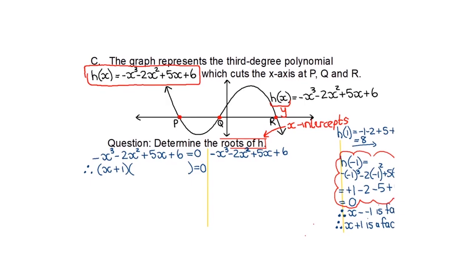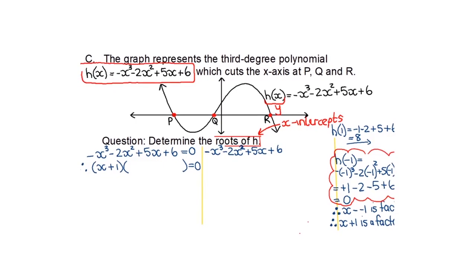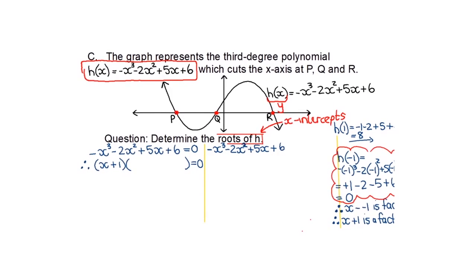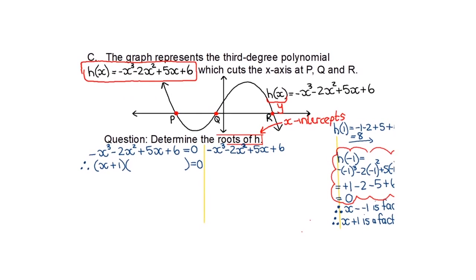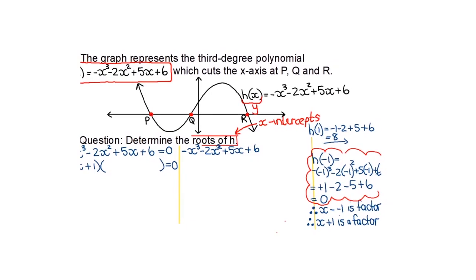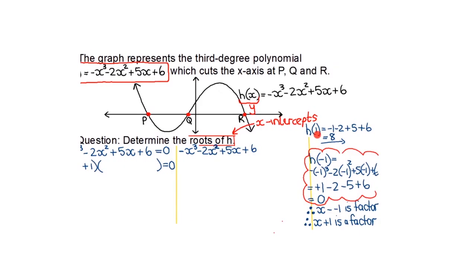So to save a little bit of time, I already said, well, I have to search for an h of a value that will give me 0, so that I can have at least one factor. Now, I tried a few. I tried h of 1. It gave me 8. H of negative 1 actually gave me 0. So I had something that will give me 0.